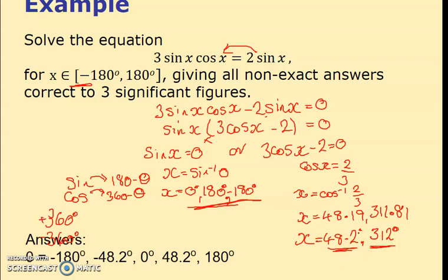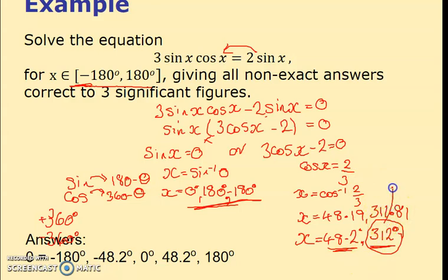Minus 180, minus 48.2. That's interesting. I get a different answer there. Have I done that wrong? I've got 312. So let me have a think about that for 2 seconds. Oh, I see. I've just made a daft mistake. Look, I'm only allowed to go from minus 180 to 180, and clearly 312 doesn't go into that.